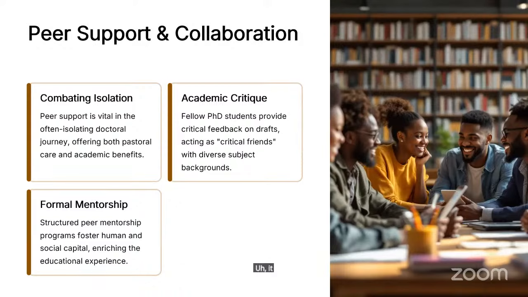It can be a lonely journey, and that's why we are expected to see how we can converse, how we can share and communicate our thoughts, and the support of other students in some circumstances can actually be very, very critical.